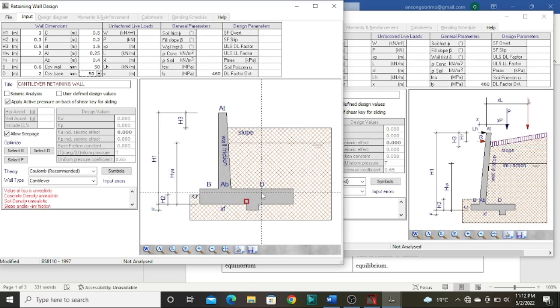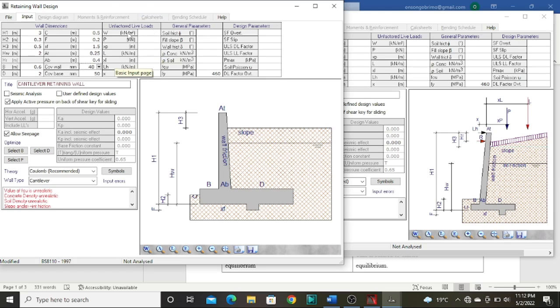Or because the base is submerged and the wall is standing, I can use 40 for the wall. And remember, cover design is normally guided by the exposure conditions. If you have a lot of sulfates or any chemicals that could corrode your steel, you have to consider that in your design.